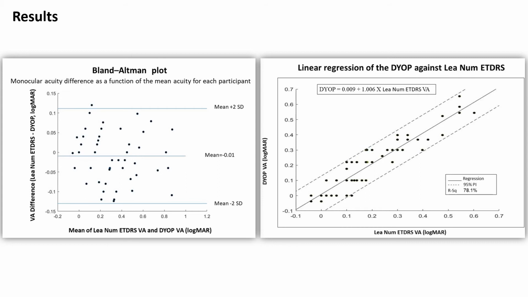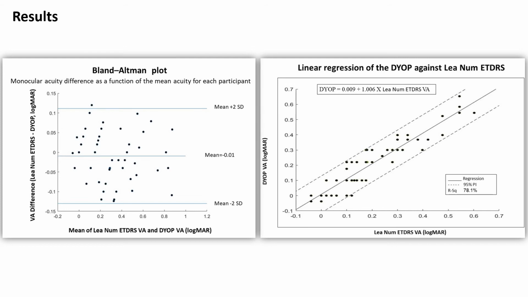The left figure represents a Bland-Altman plot of the differences between the acuities obtained using both tests plotted as a function of the mean of the two approaches. The plot demonstrates the limits of agreement of the tests, which were minus 0.13 to 0.11 logMAR.